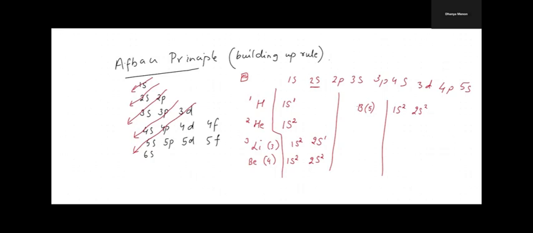It will go to the next subshell, 2p1. Then carbon. Carbon is 6. So out of 6, 2 will go to the 1s shell, 2 will go to the 2s shell, remaining is 2 that will go to the p subshell.